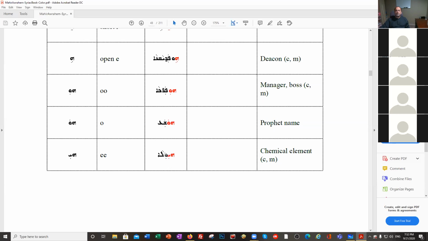Okay, so this one is an exception where you see two vowels, they apply on the he. Those are not letters, by the way. Both of them here are not letters. Those are vowels. Apply to he. Heula, okay, is a chemical element.